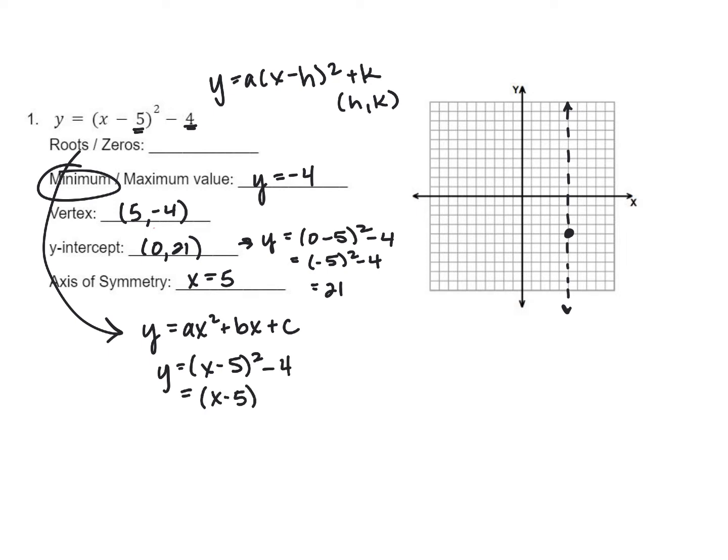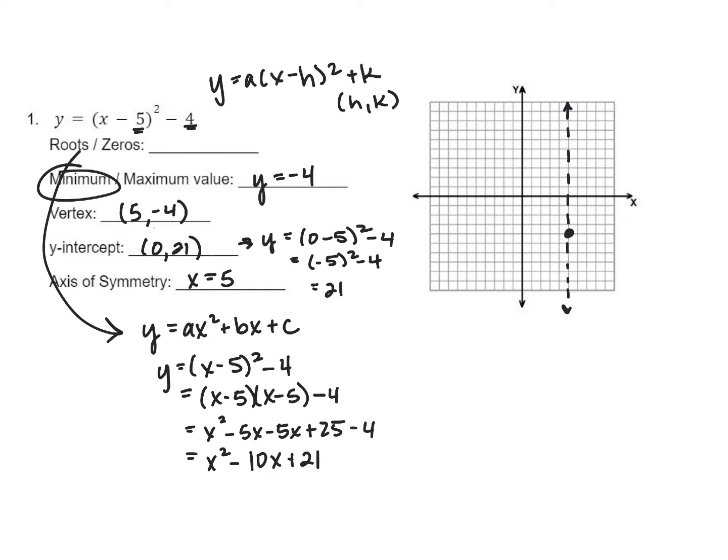So (x minus 5) quantity squared is the same thing as multiplying it by itself. So then here, if I multiply using double distribute or the FOIL method, I'll get x squared minus 5x minus 5x plus 25 minus 4. Combine like terms, and we'll end up with x squared minus 10x plus 21.